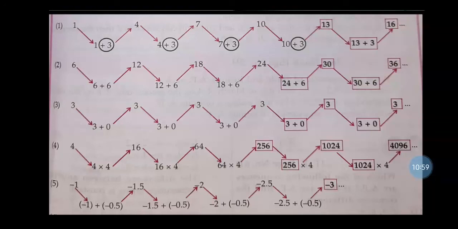Next one, -1, -1.5, -2, -2.5. So here you can see -1 plus -0.5. Plus minus becomes minus. So -1 minus 0.5 will give you -1.5. And the series goes on.